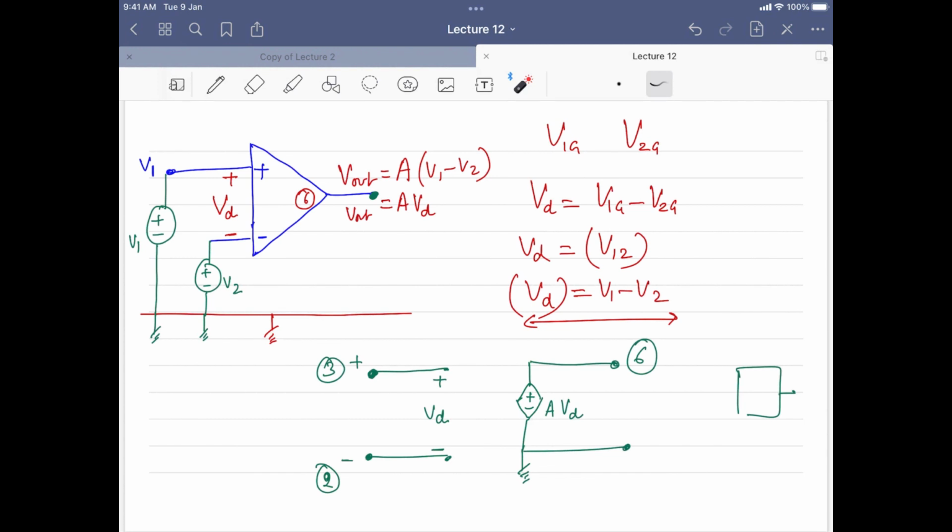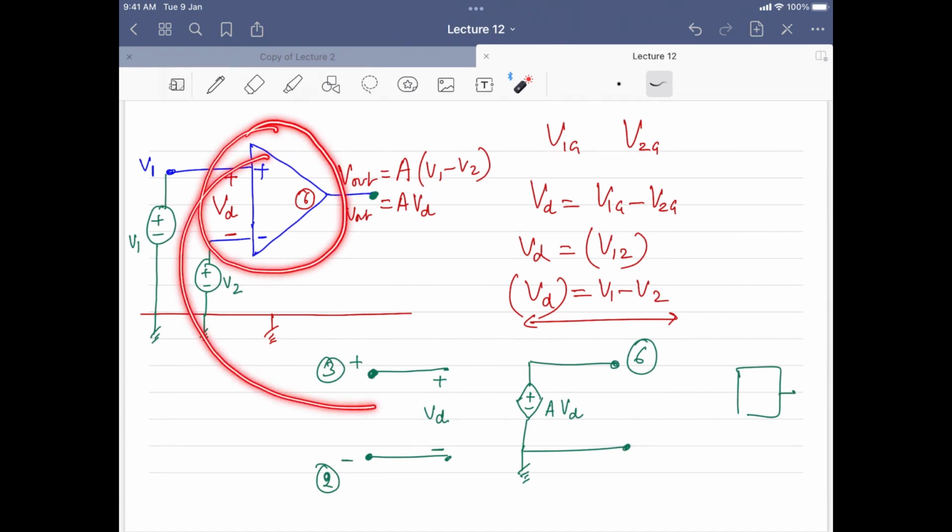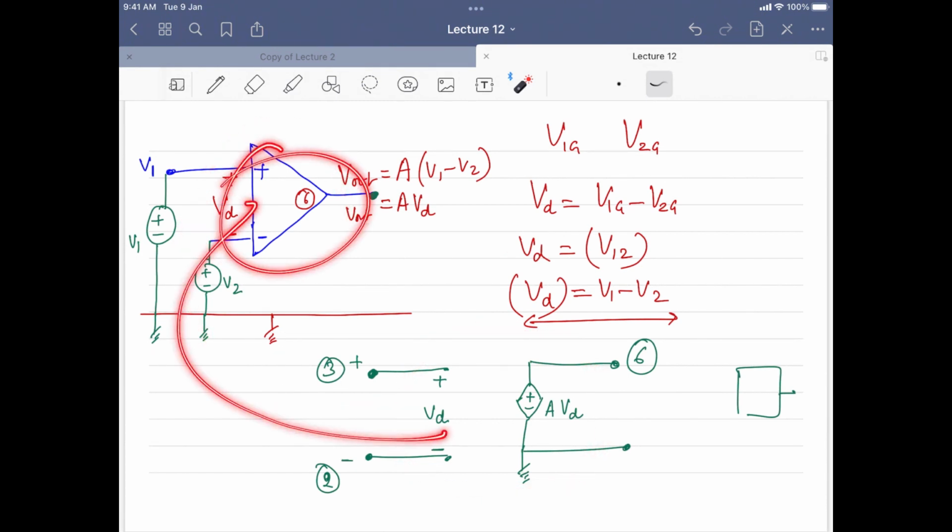Then you are bound to get answers from the simulator, and whatever the simulator says, you will say yeah, it is right. But it should not be like that. It should be the other way around. You should know beforehand what the answer will be, and the simulator should give you that answer. Because of that reason, we try to simplify this so that we can solve it by hand easily. That's why we replaced it by this. Okay.